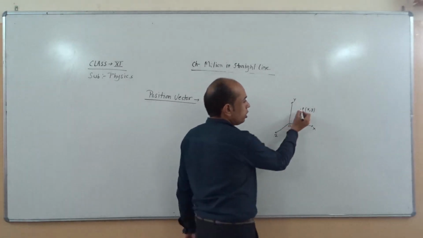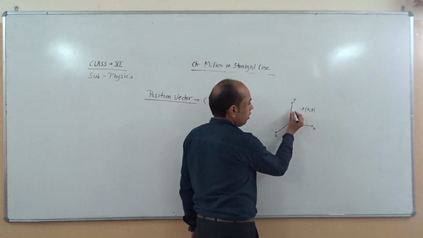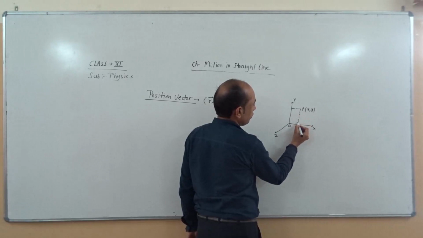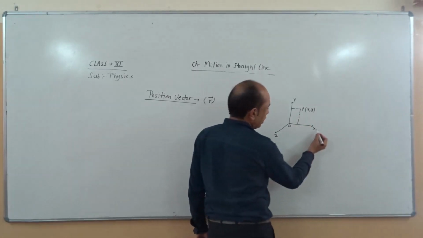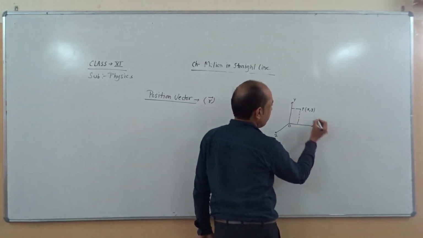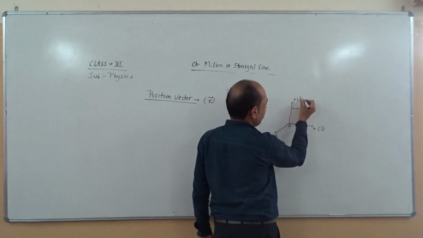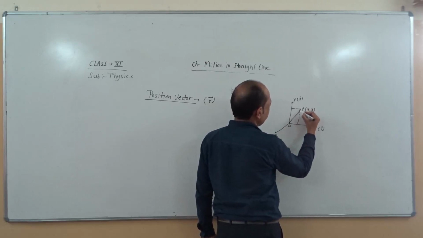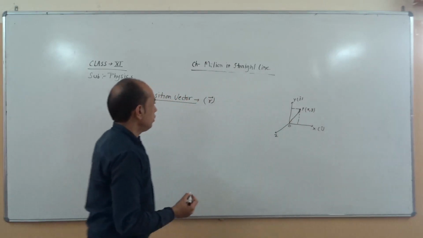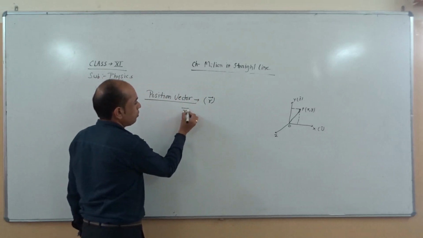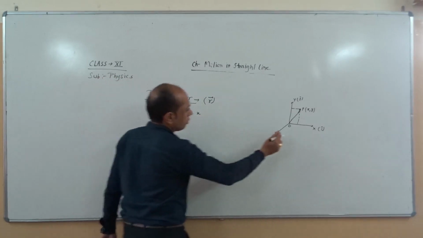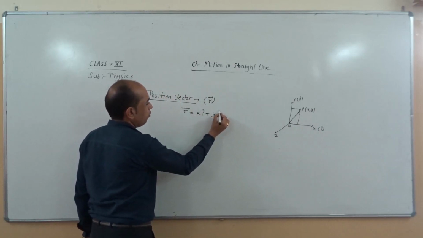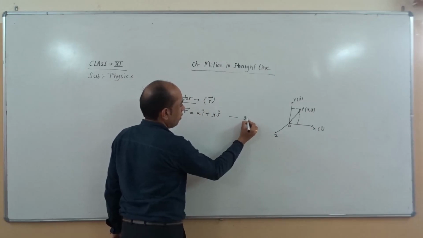When the position of this point P is specified along x and y, only two axes, the x unit vector is i cap, for y it is j cap, and the origin is defined by O. So r is represented by x with i cap, y with j cap in 2D.